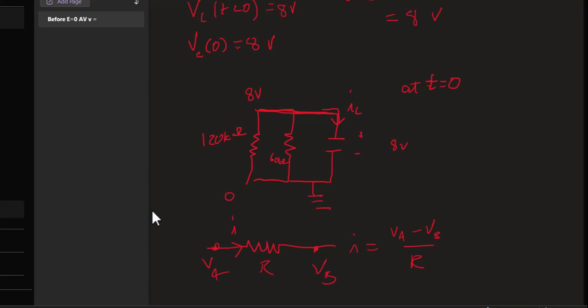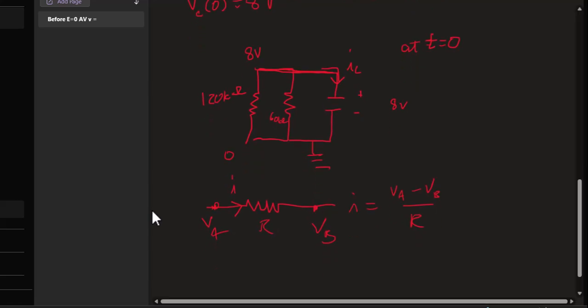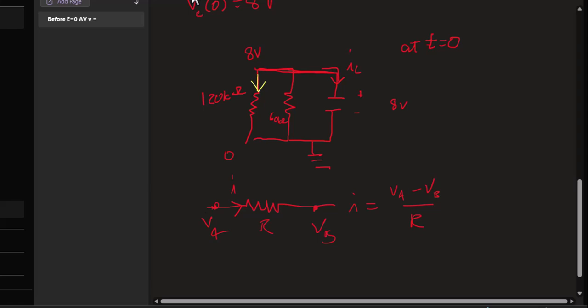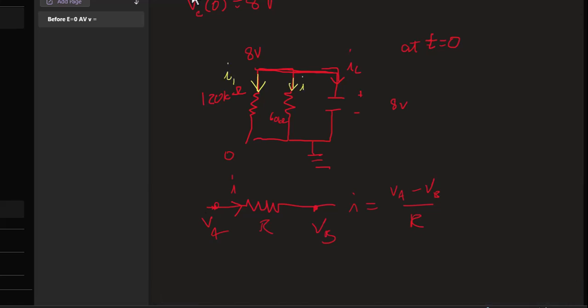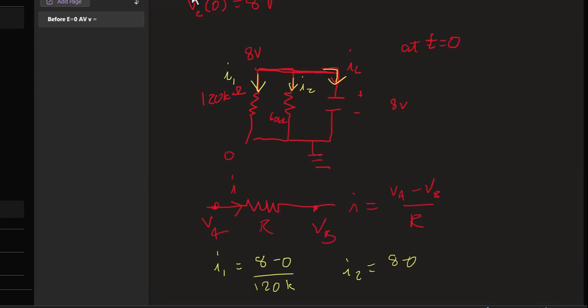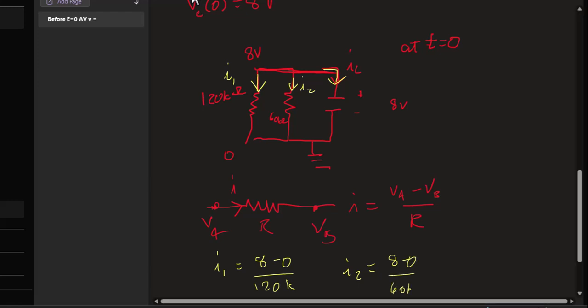So if I want to find the current through the 120 kilo ohm resistor, call that I1, this is I2, and IC was given in the problem. So I know I1 has to be 8 minus 0 over 120K, and I2 has to be 8 minus 0 over 60K.